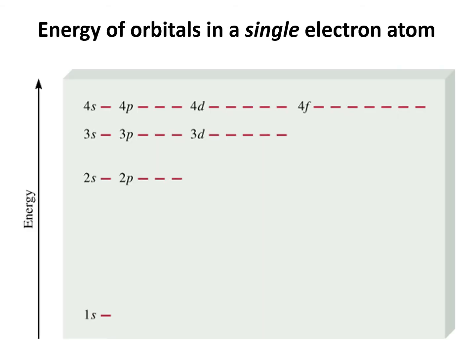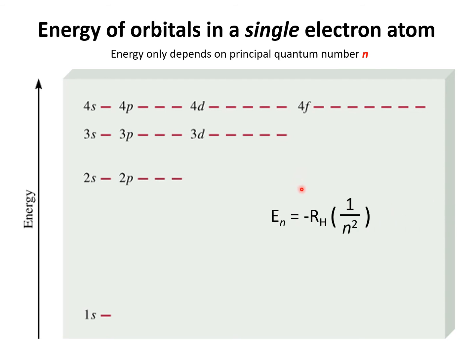The starting point for this is understanding the relative energies of the atomic orbitals. For the hydrogen atom and other one-electron systems, the energies of the atomic orbitals depend only on the principal quantum number, n, which is given by the Rydberg equation, where the energy is inversely proportional to 1 divided by n squared.